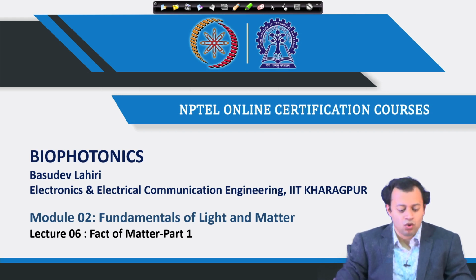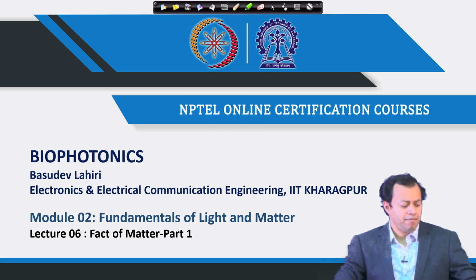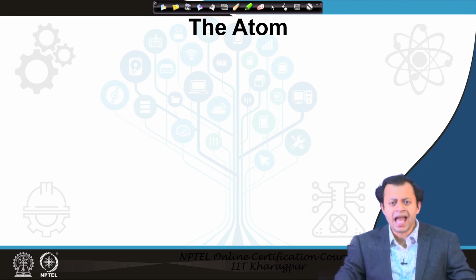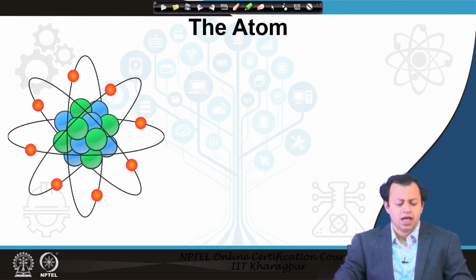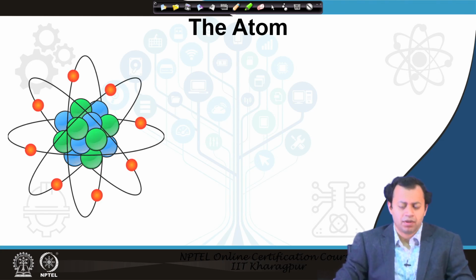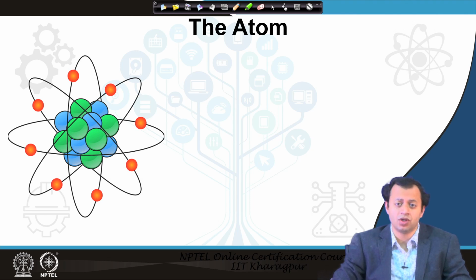So, here we go. Today we are going to discuss the nature of matter, and every single person who has been to school knows that matter is made up of atoms. Atoms are indivisible, that is what atom stands for, an indivisible particle which cannot be divided. However, later it was found that it can actually be divided.